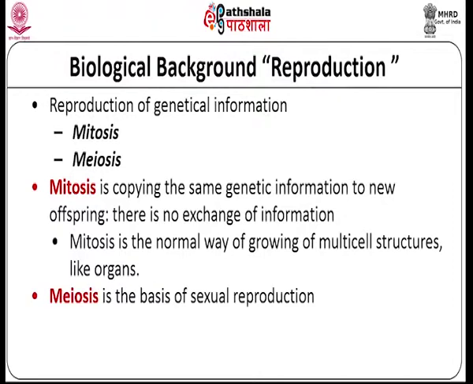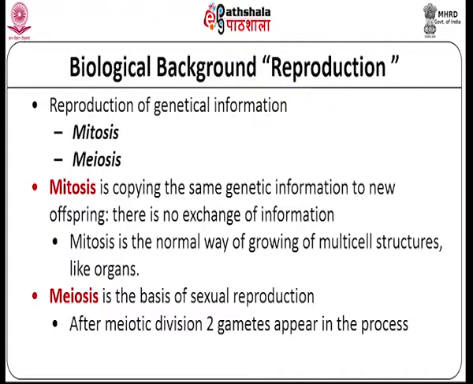But meiosis is the basis of sexual reproduction. We have studied this in biology. After meiotic division, two gametes appear in the process. So you have two types of reproduction, mitosis and meiosis. We are more bothered about the meiosis aspect of sexual reproduction, where two gametes appear.